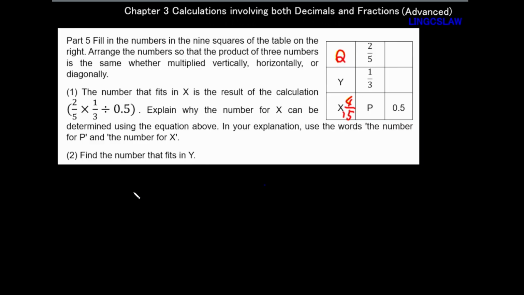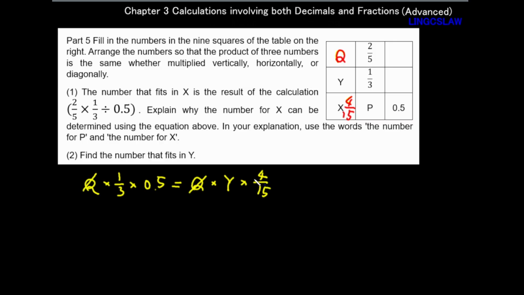So let's write it down. Q times 1 over 3 times 0.5 equals Q times Y times 4 over 15. And let's divide both sides by Q. And let's divide both sides by 4 over 15.